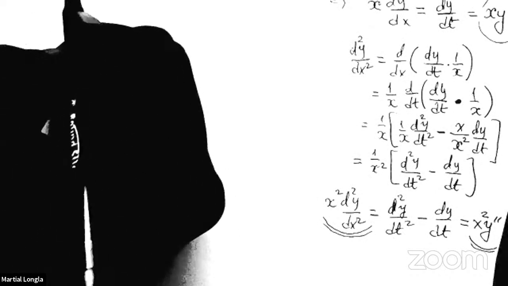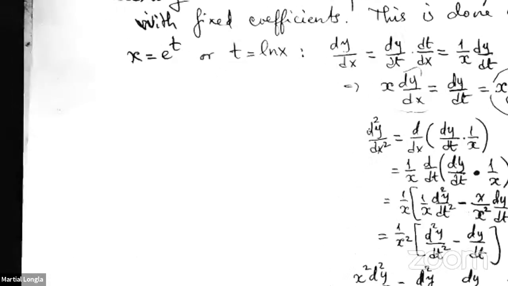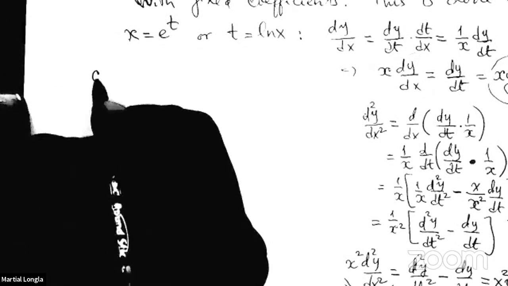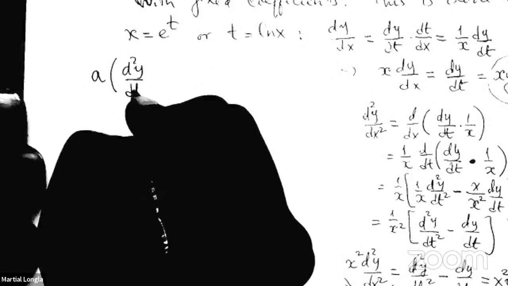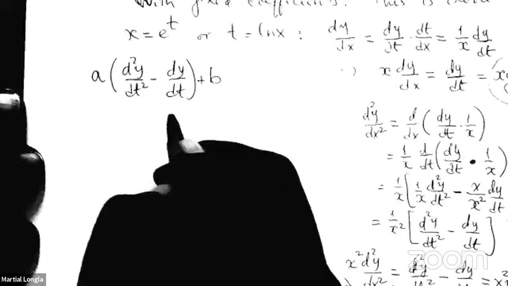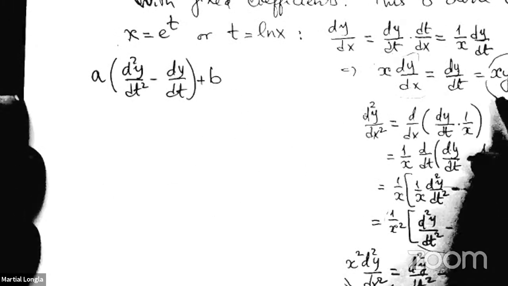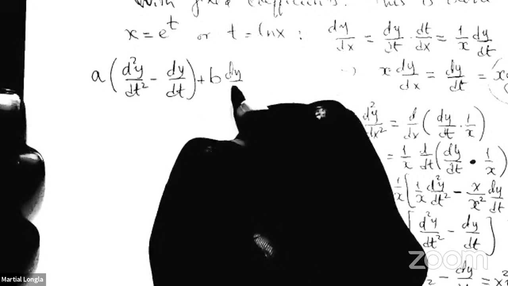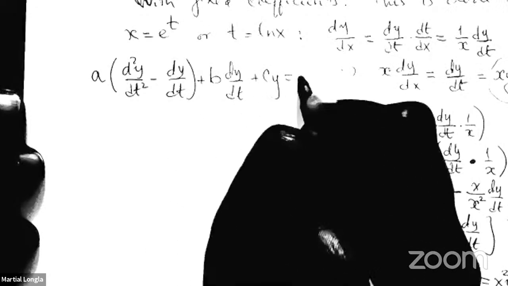So what we obtain, I'm going to write that here on the side, is a times d2y over dt squared minus dy over dt, plus b times dy over dt, plus cy equals 0.